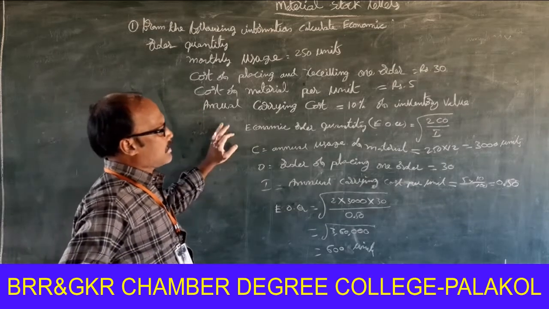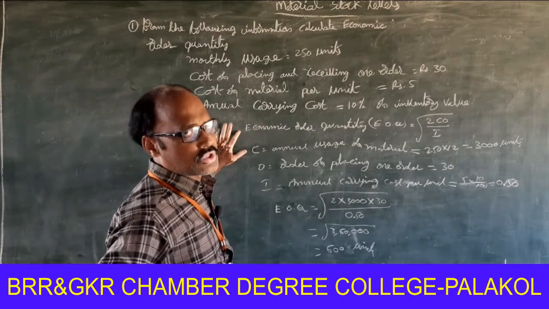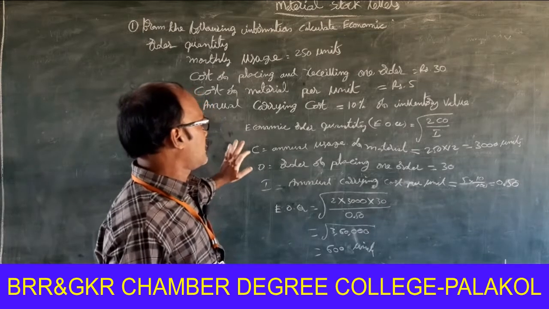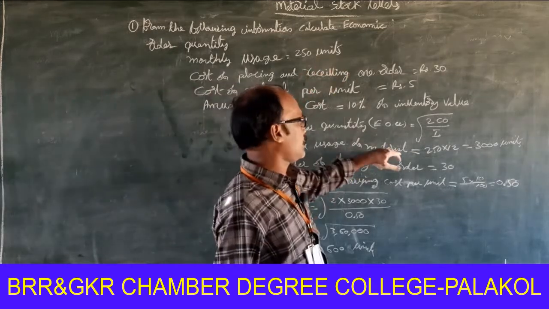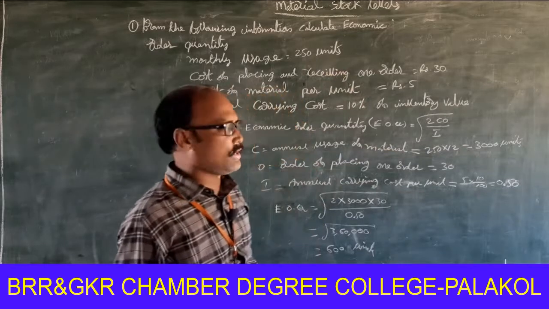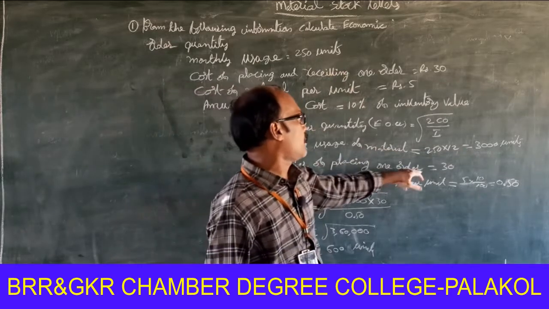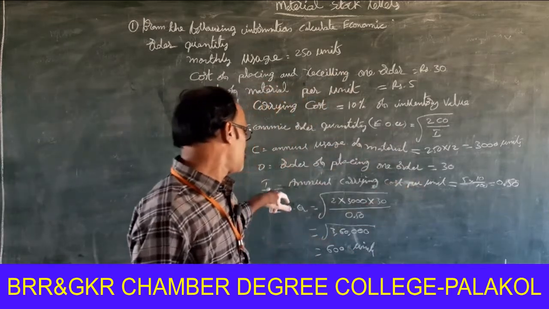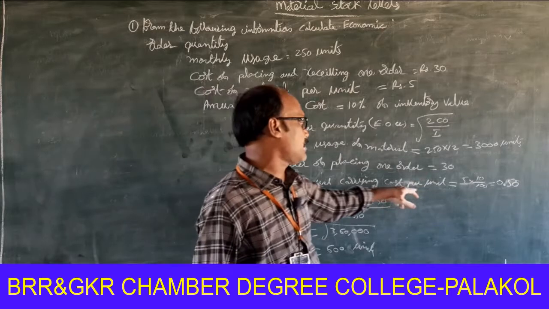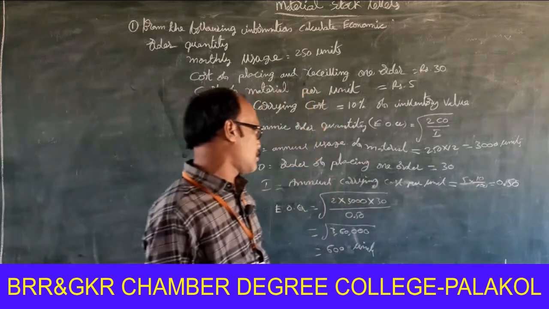Economic order quantity, EOQ, is equal to the root of 2CO by I. C is equal to annual usage of materials, 250 into 12, 3,000 units. O is the cost of placing one order, 30. I is the annual carrying cost per unit, 5 into 10%, 0.50.